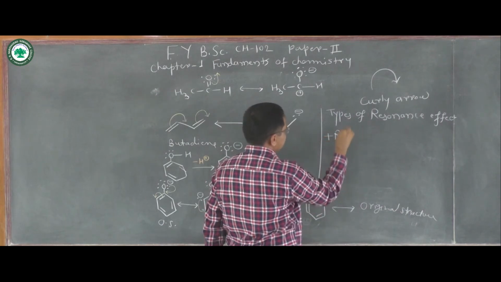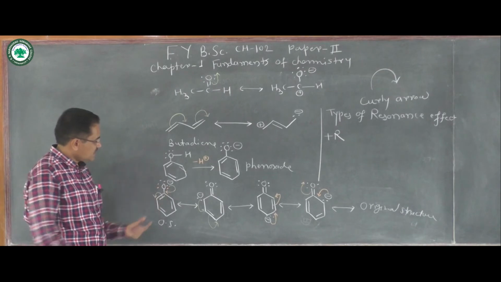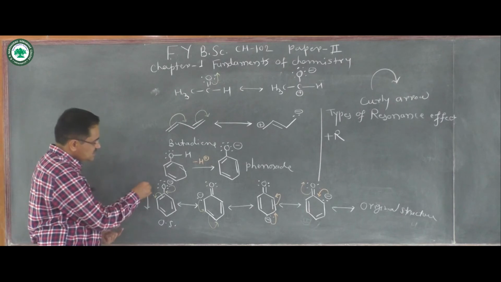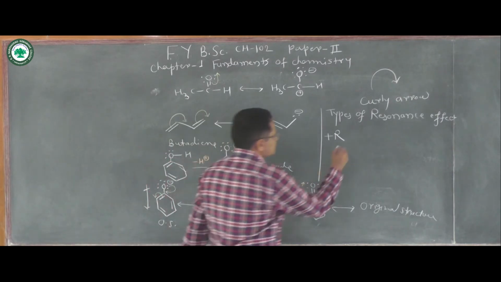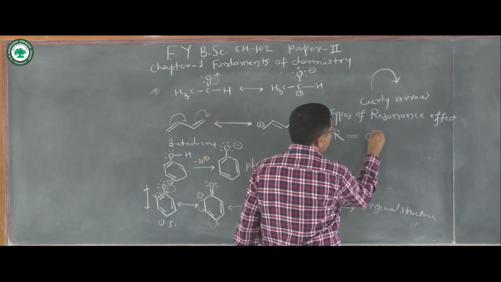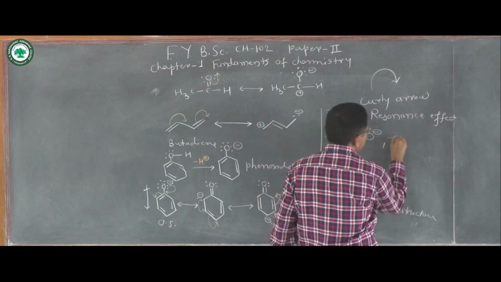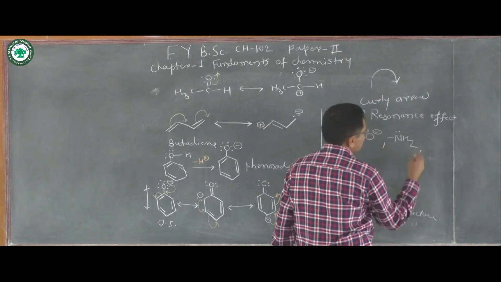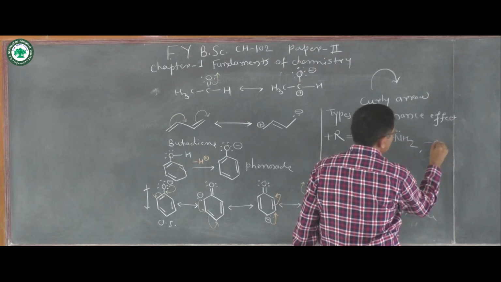Plus R. Now what happened in this case? Electrons are added in the phenyl ring, and hence this O minus as well as NH2 group or OH.